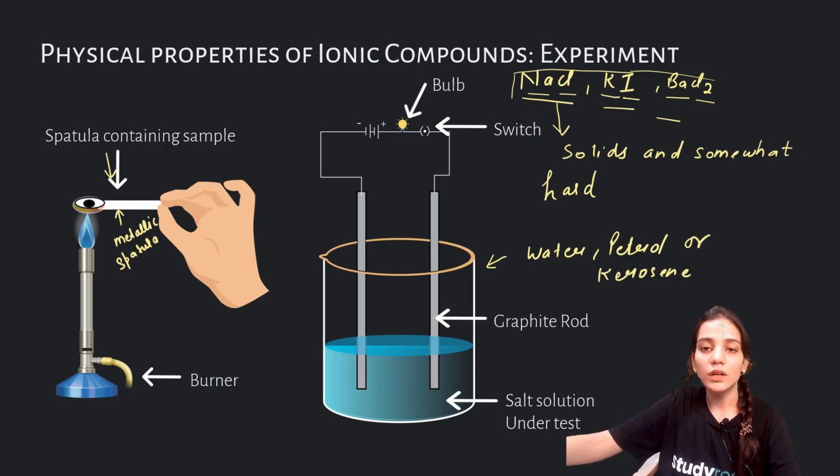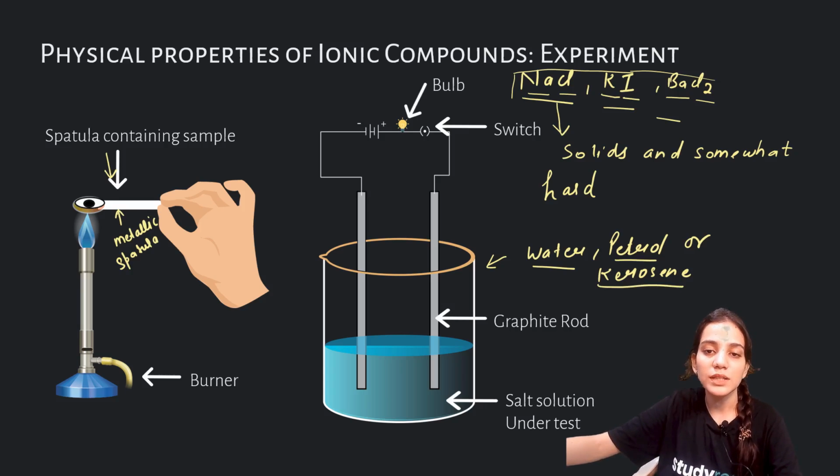So these electrovalent compounds are generally soluble in water, but they are insoluble in solvents such as petrol or kerosene. So they won't be soluble in petrol or kerosene, whereas now let us take the example of water.